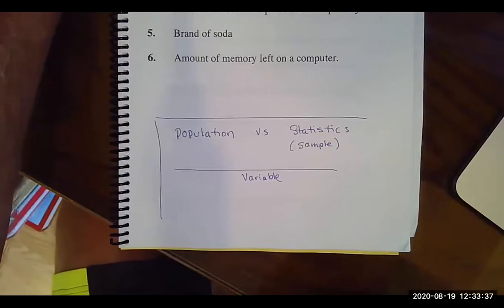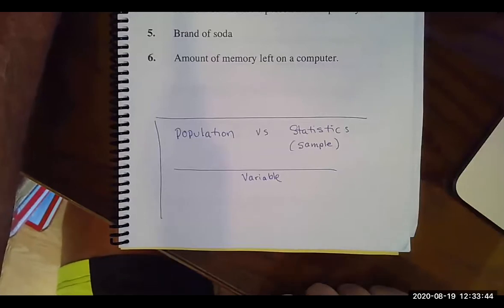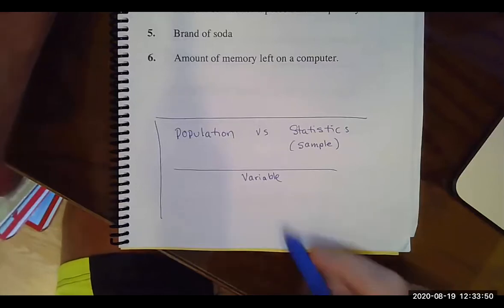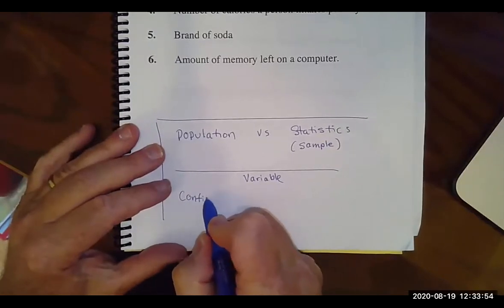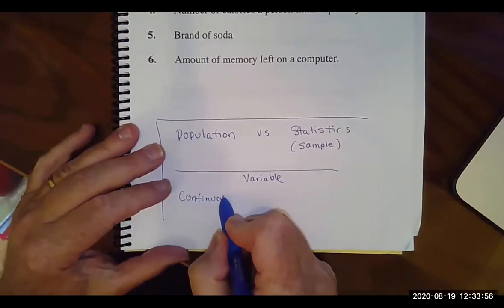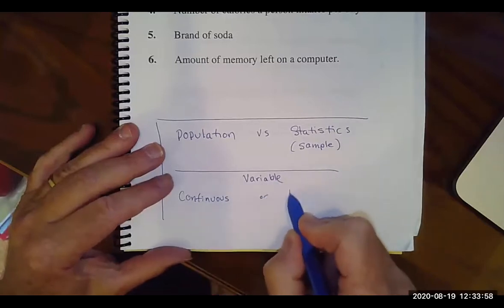It sounds like a fraternity or sorority when you hear about it. And so instead of X, Y, Z's, they use theta, gamma, alpha, beta, things like that. So it's variables. Here, a variable can be what's called continuous or discrete.